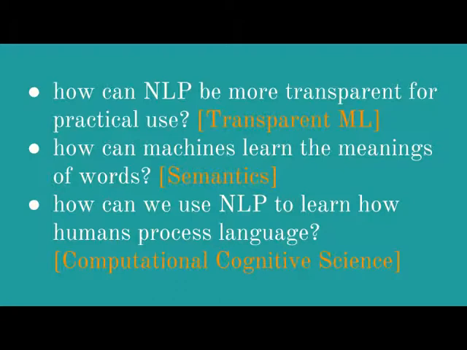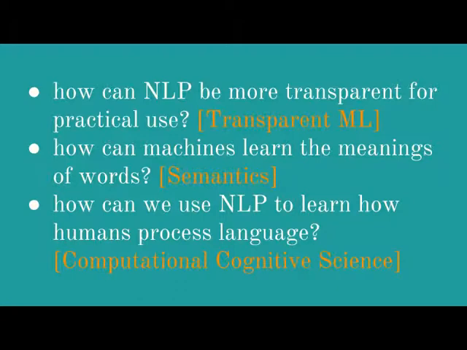I figured it might be worthwhile framing it in questions that might get you a bit more interested in coming here than just for the pizza. So the questions to be addressed: How can natural language processing be more transparent for practical use? This will be the focus of a tutorial I went to called Transparent Machine Learning.